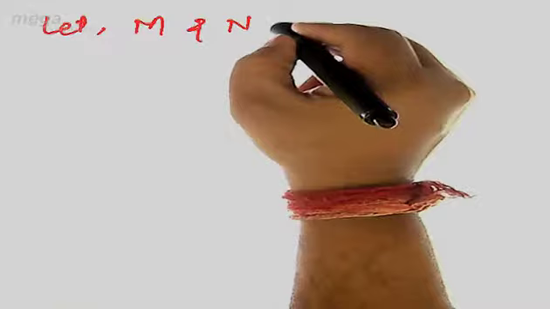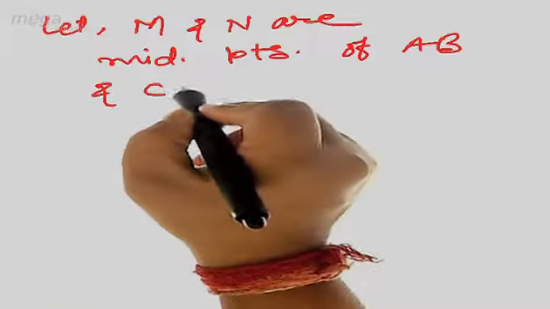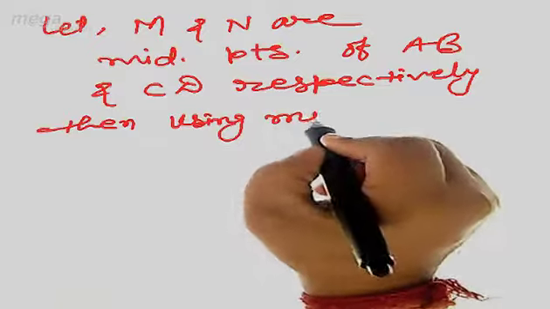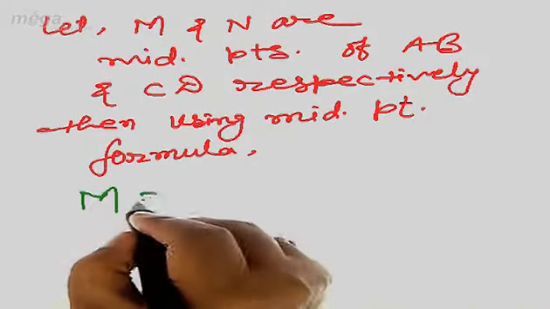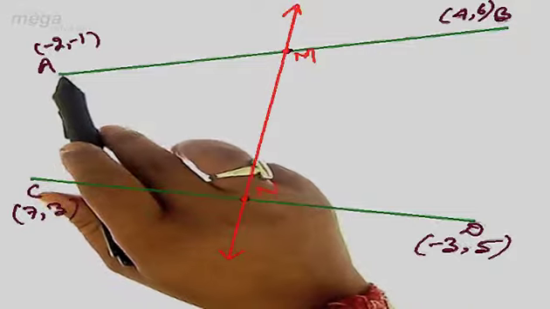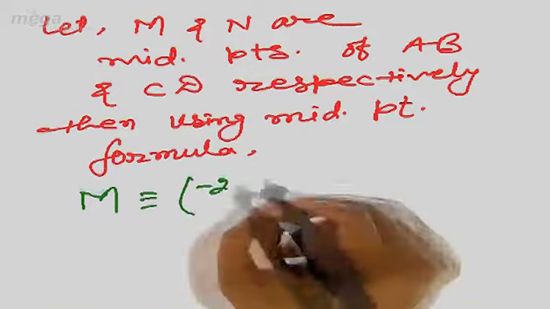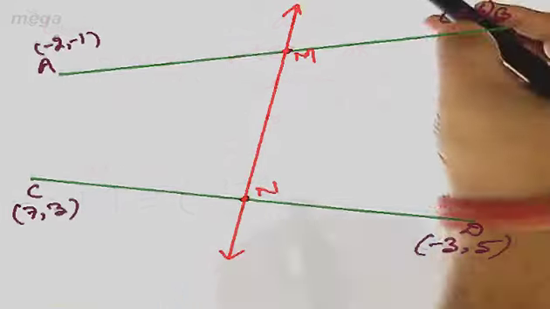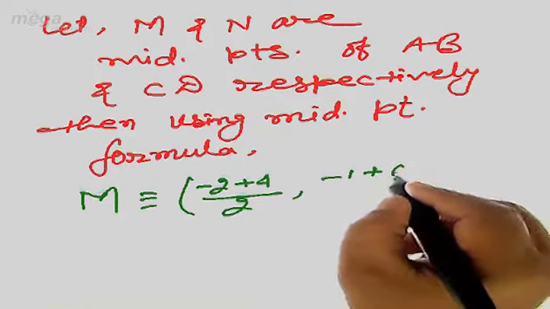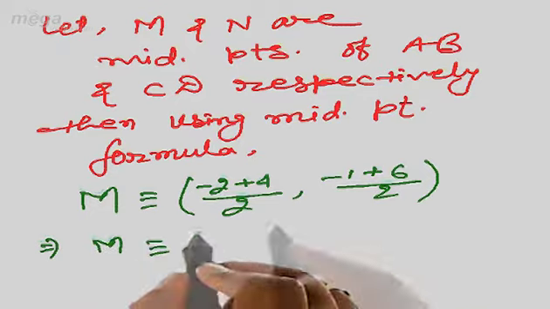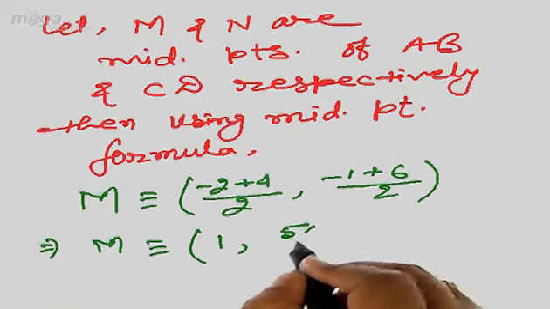If M and N are the midpoints of AB and CD respectively, then using the midpoint formula, the coordinates of midpoint M, where A is (-2, -1) and B is (4, 6), will be (-2 + 4)/2 and (-1 + 6)/2. That is, the coordinates of M will be (1, 5/2).